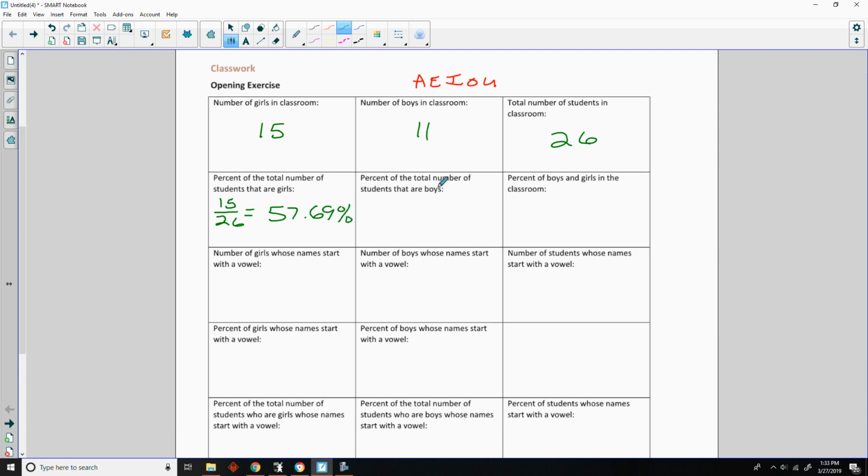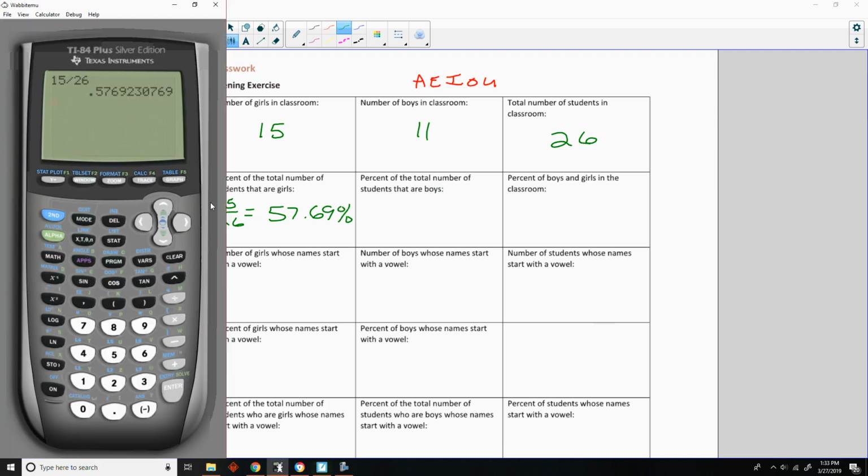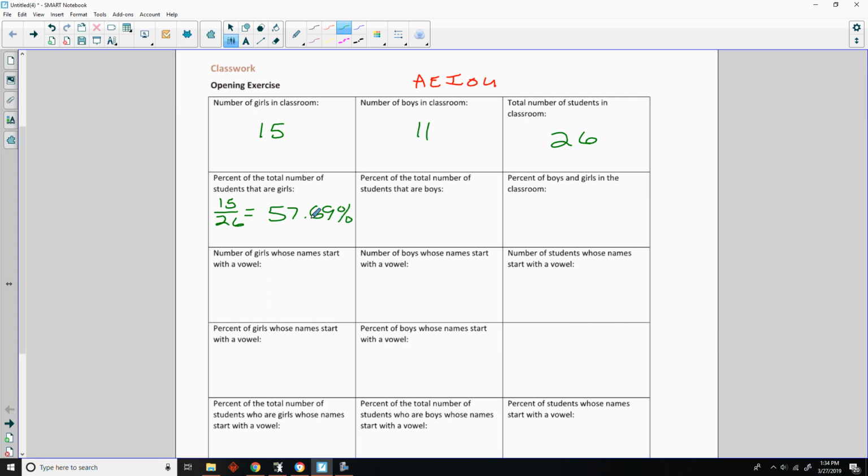Percent of the total number of students that are boys. Well, did I round that correctly, by the way? 692, yes. All right. Well, I could actually plug that in. It would be 11 over 26. But if 100% of the class is boys or girls and 57.69% are girls, then I can just take 100 minus 57.69, and that would be 42.31.